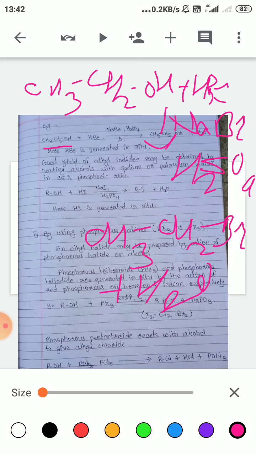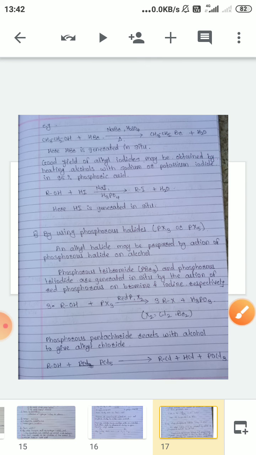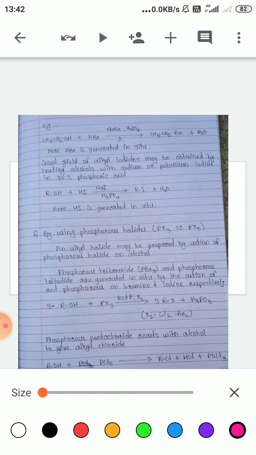Now we can prepare alkyl iodides also. When alcohols react with sodium or potassium iodide in 95% phosphoric acid, we get alkyl iodides in good yield.